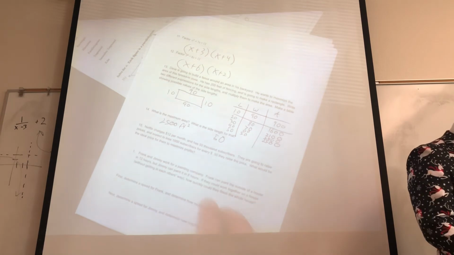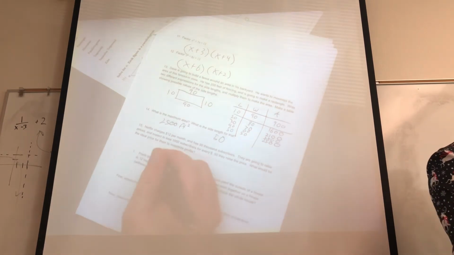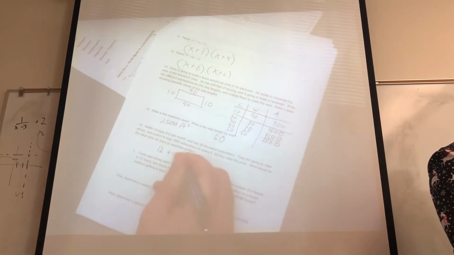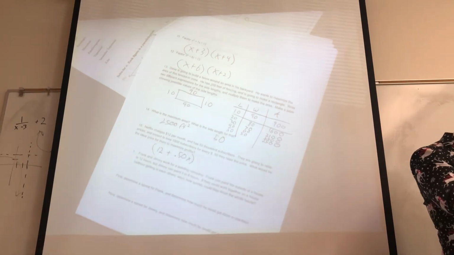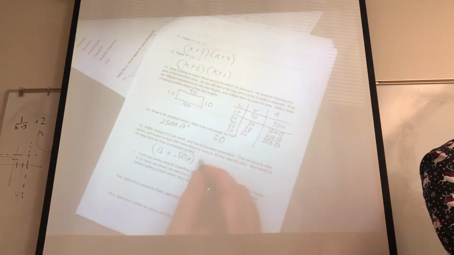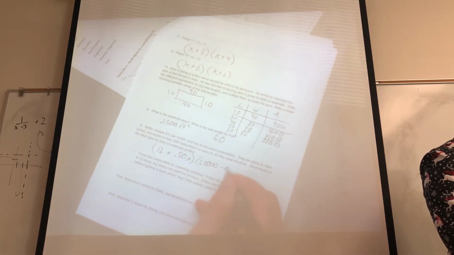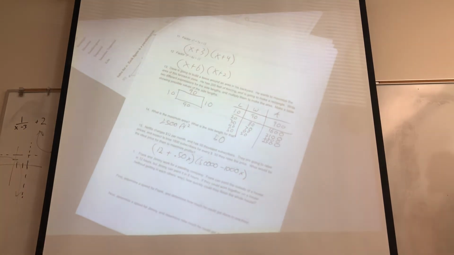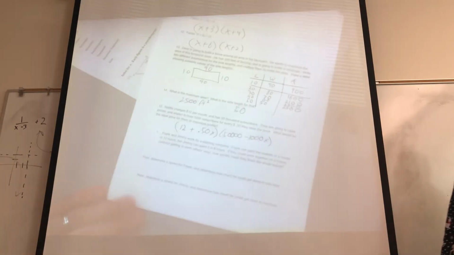and look up answers. But this is going to be, Netflix's price is $12, and we are going to add 50 cents for X every time we increase the price. We're going to multiply that by 50,000 minus 1,000 for X. However many times we change the price, that's how many people we're going to lose.